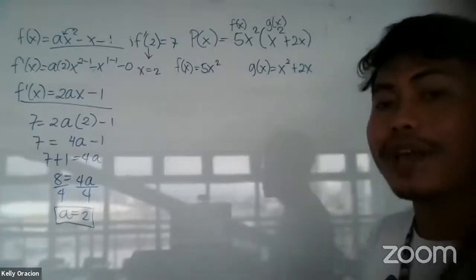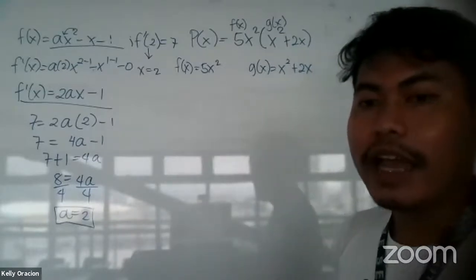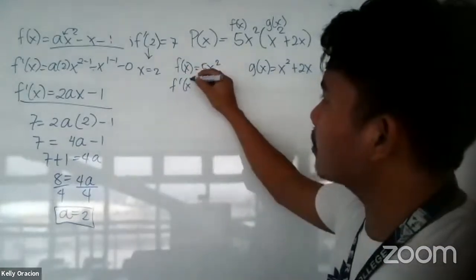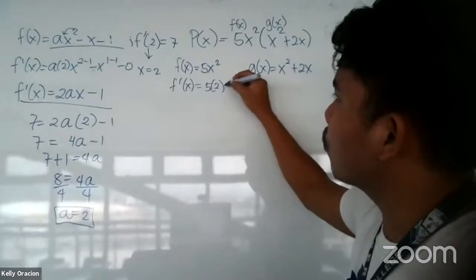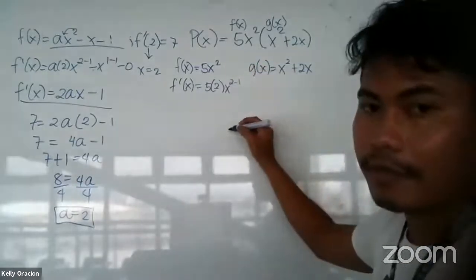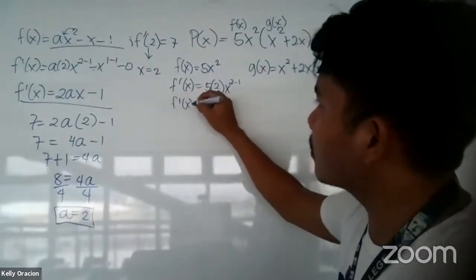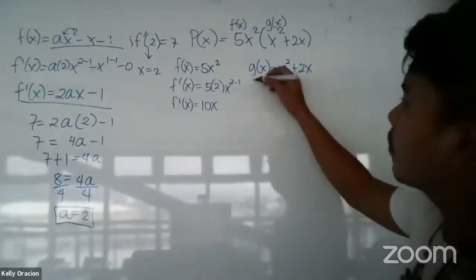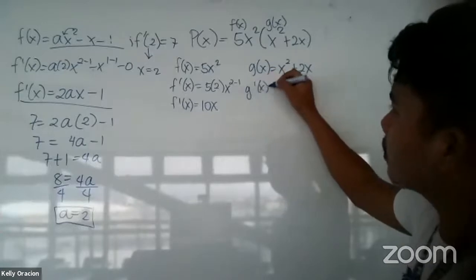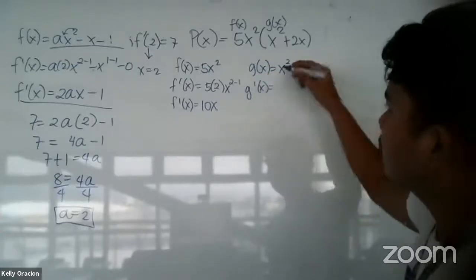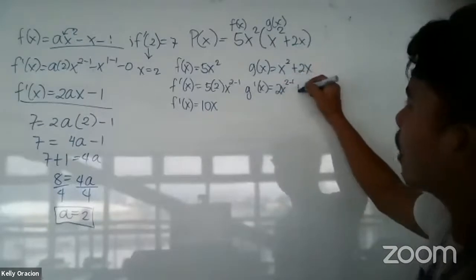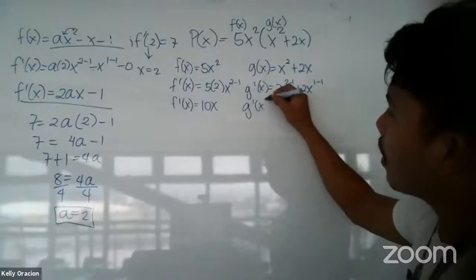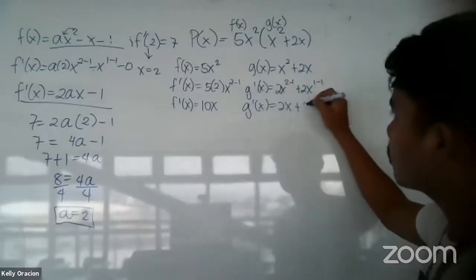And you are going to get their derivatives. f prime x is 5 times 2x to the 2 minus 1, so f prime x is 10x. g prime x is 2x to the 2 minus 1 plus 2x to the 1 minus 1, so g prime x is 2x plus 2.